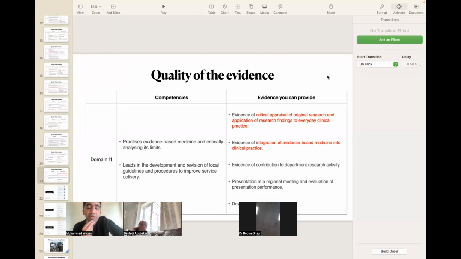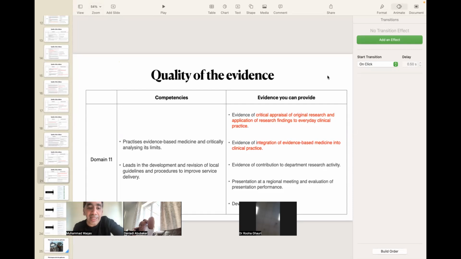Okay, I'll make it simple. At the time of your application, whatever evidence you are providing should not be older than 5 years. That's one thing. Number two, if you can provide the evidence of all the competencies which I have shown in these tables and slides, then it doesn't matter. Theoretically, it's not written anywhere that you have to collect this evidence in a minimum or maximum duration.